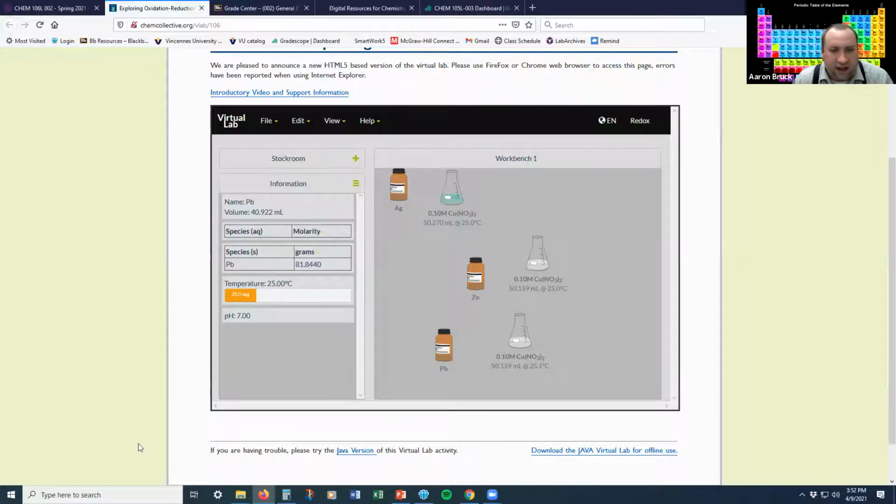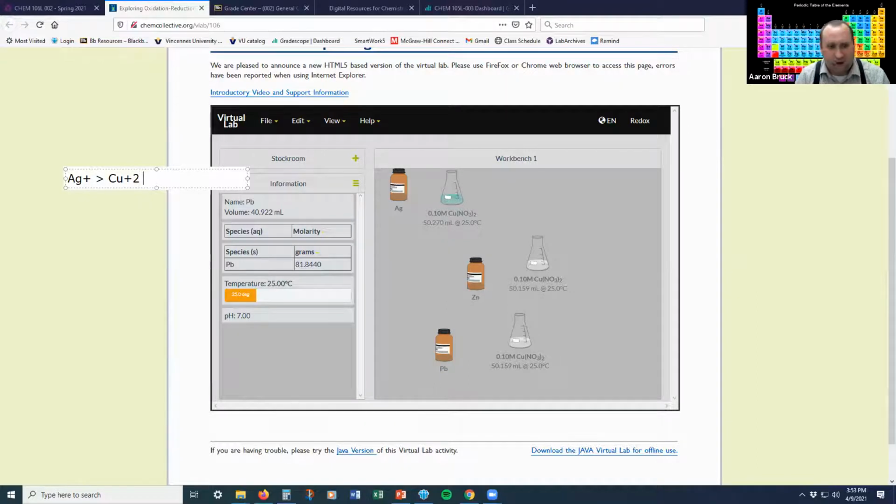So if I was looking at this from a perspective of status, I would look at this and say, okay, the silver ion is better than the copper 2 ion at being an oxidizer, because if copper was better, it would have oxidized the silver, which it didn't.